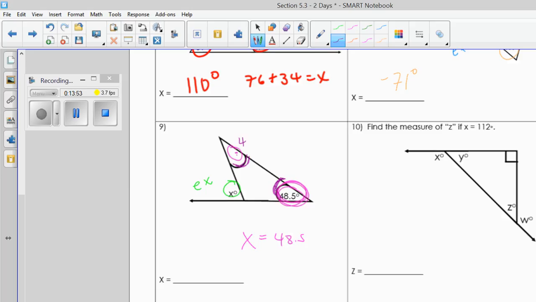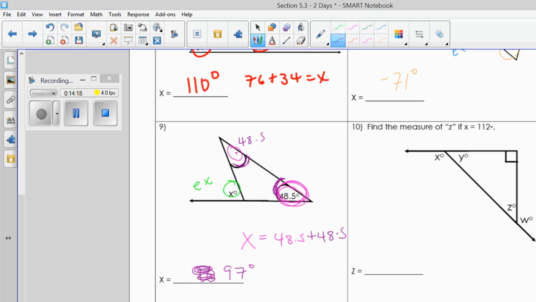So this is 48.5 also. So X is equal to 48.5 plus 48.5, which is 97 degrees. No calculator, got to do that in my head. So 48.5 plus 48.5 is 97 degrees. That's what the exterior angle equals.